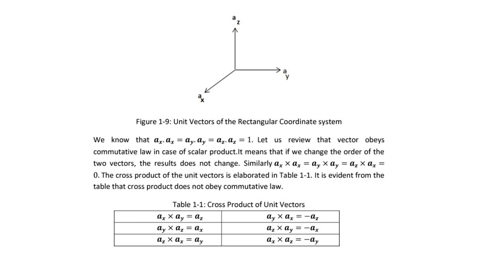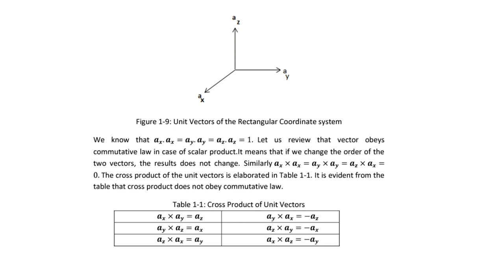You see the unit vector ax is along the x-axis. The unit vector ay is along the y-axis. The unit vector az is along the z-axis. So these three unit vectors are mutually orthogonal.